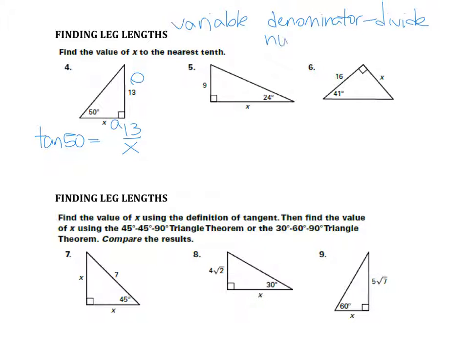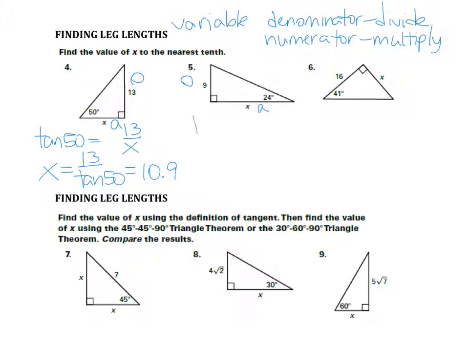And if it's in the numerator, we multiply. So the variable is in the denominator. They just change places, so we divide. And we go to 1 decimal place.